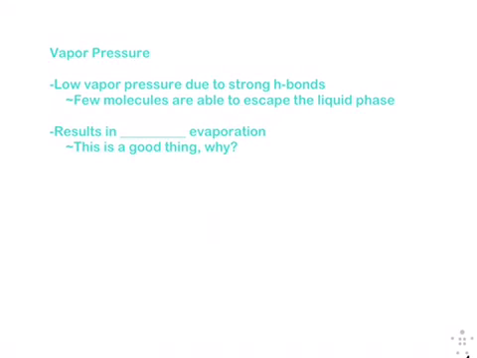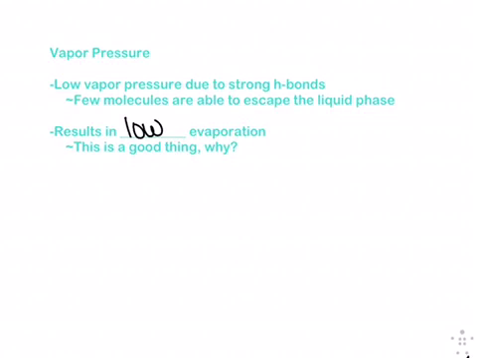Vapor pressure. It has a low vapor pressure, again, because of the strong hydrogen bonds. This means very few molecules are able to escape the liquid phase just as is. If you just have a bottle of water sitting on your desk, that's not going to evaporate in 50 minutes because it has a low vapor pressure. This results in low evaporation rates.